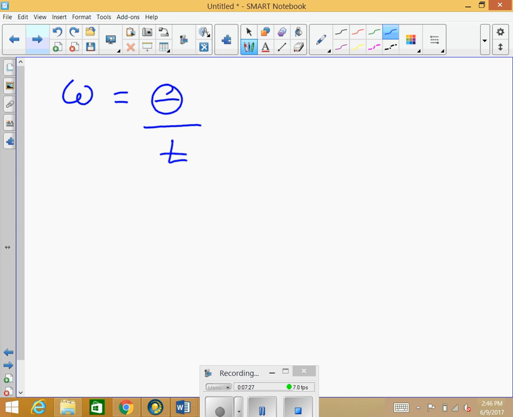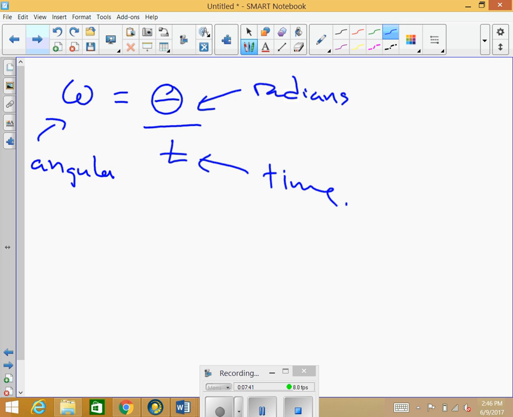And that's angular velocity. This is generally in radians, sometimes degrees, but generally in radians, and this is the time. This is my angular velocity. Don't be confused by the word, it just means how big does an angle get over time.